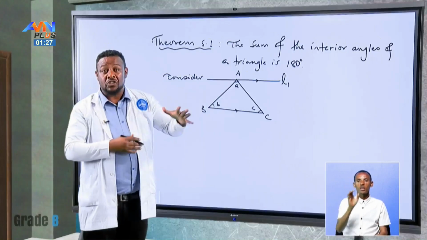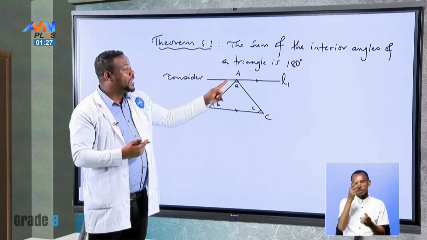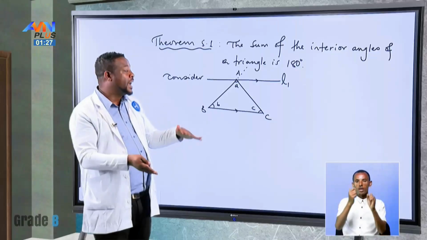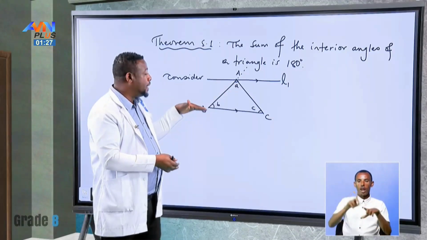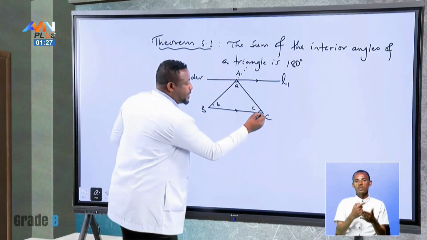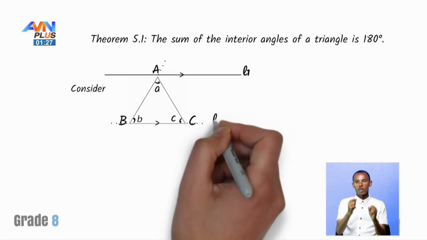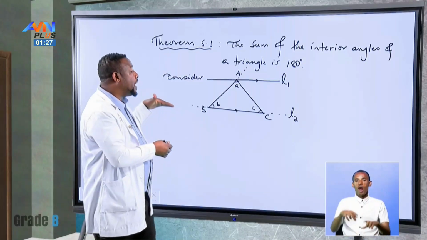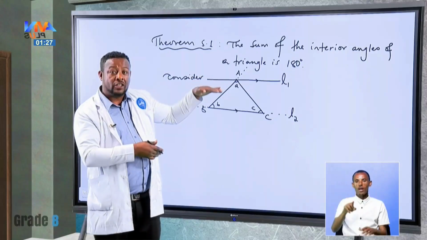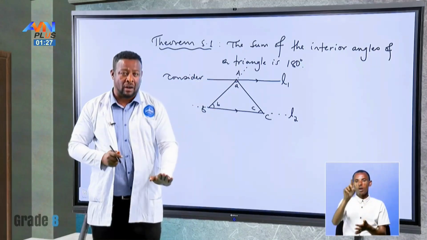If you extend BC, it can be a line L2. L2 is a line containing BC, and L1 is a line passing through the vertex A. We are assuming that L1 and L2 are parallel.